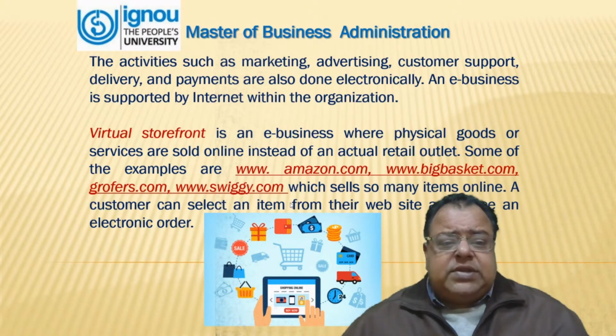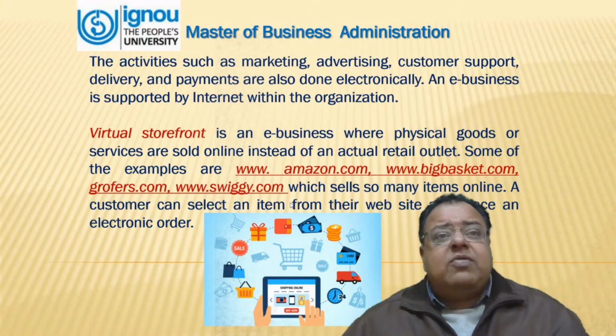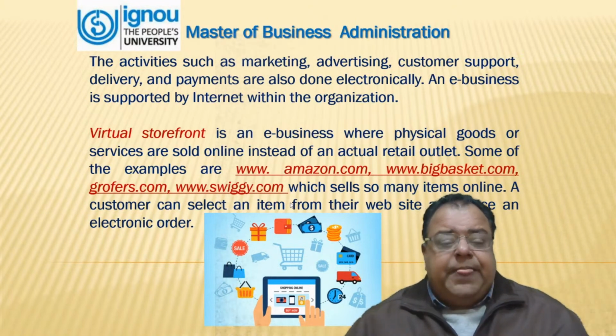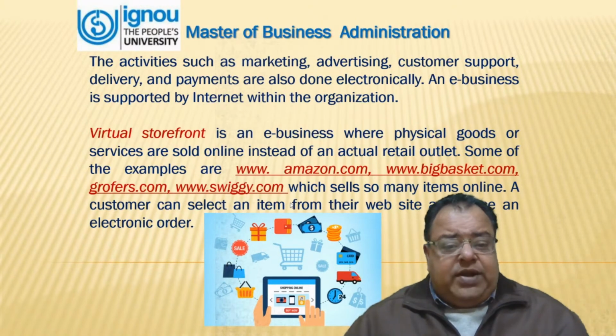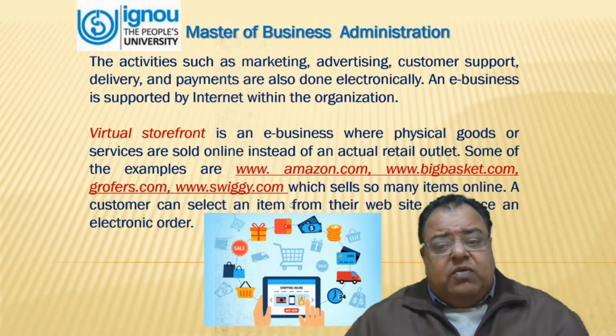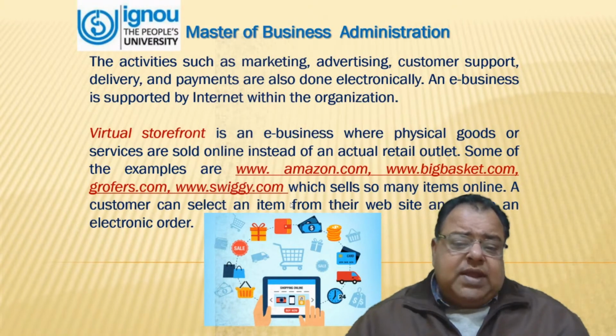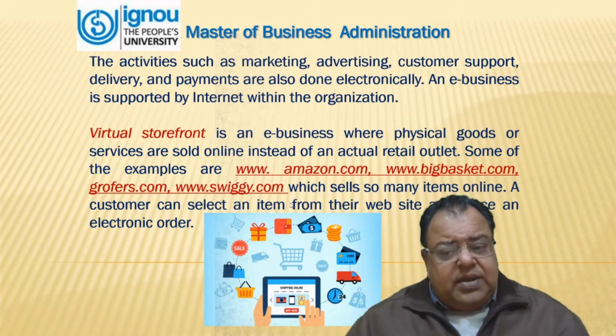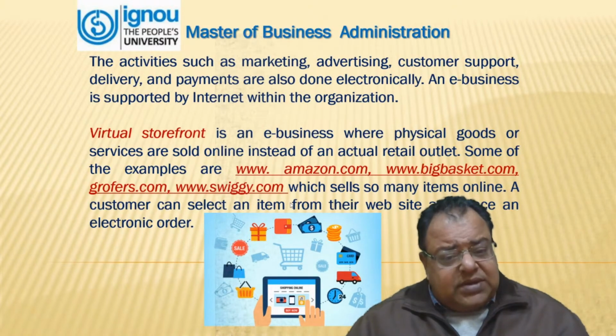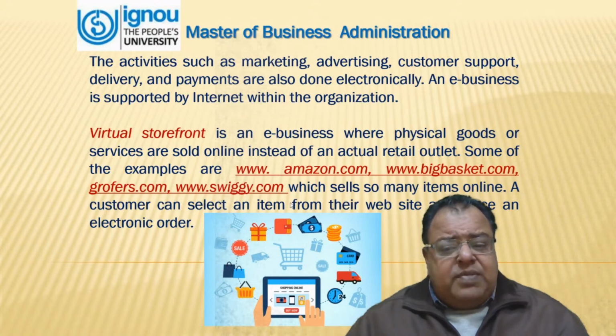An e-business is supported by the internet without a physical organization. It is a virtual storefront where physical goods or services are sold online instead of at an actual retail outlet. Some examples are Amazon, Big Basket, Grofers, and Swiggy, which sell many items online. A customer can select an item from their website and place an electronic order.